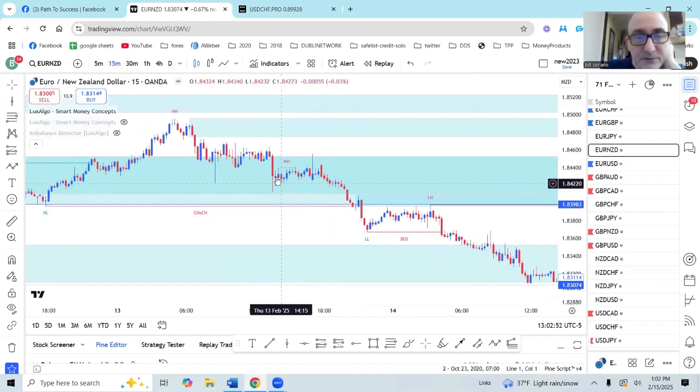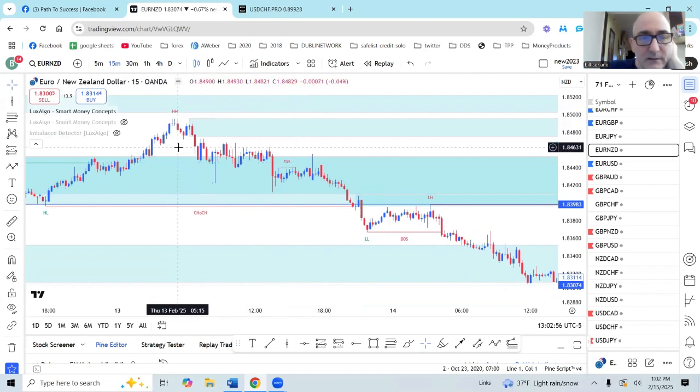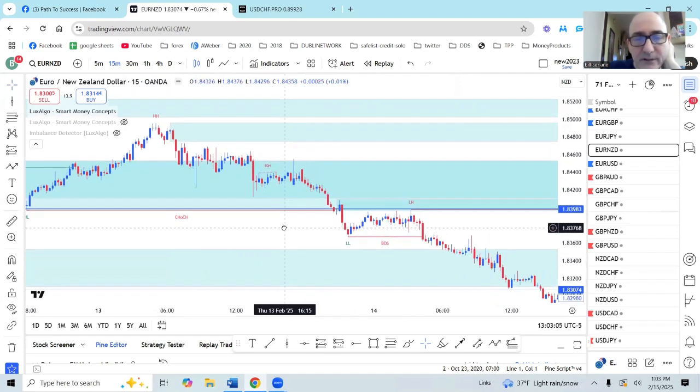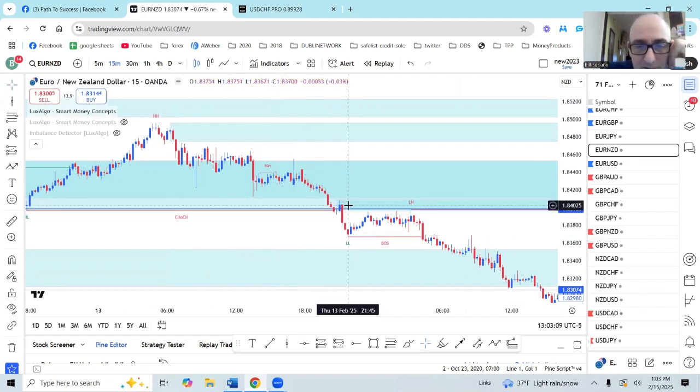Now, your extreme zone here on the 15-minute is all the way up here. Okay, right? You have imbalance up here. You have another area right here that was kind of already hit with this candle. So now you have to say to yourself, well, is price going to stop here?